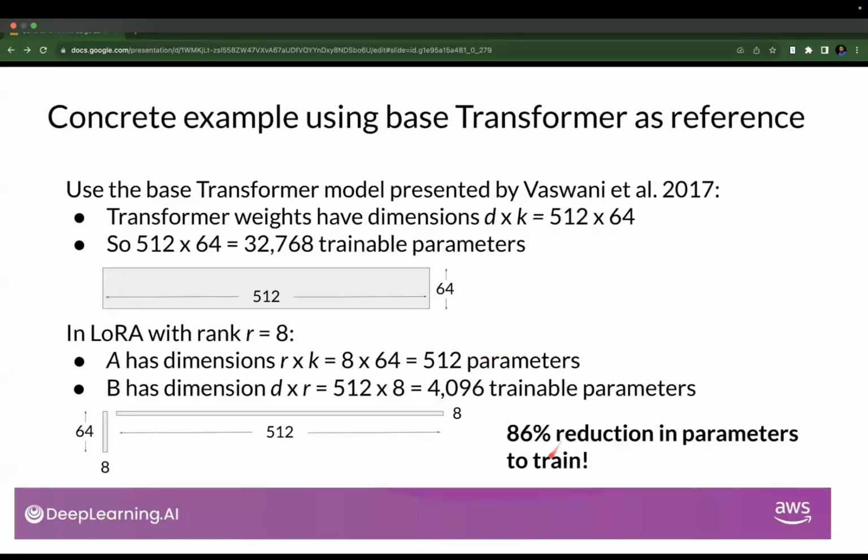So the reduction in the parameters is 86%. Instead of affecting more than 32,000 parameters, we are affecting only 4,600 parameters. And if you multiply the matrix B and A, you will end up with the same dimension of 512 by 64. So the multiplication will match the dimensions of the actual transformer weights.